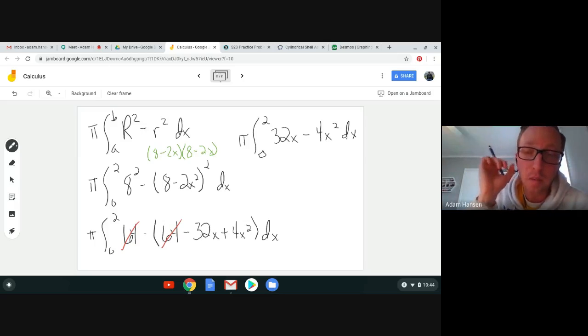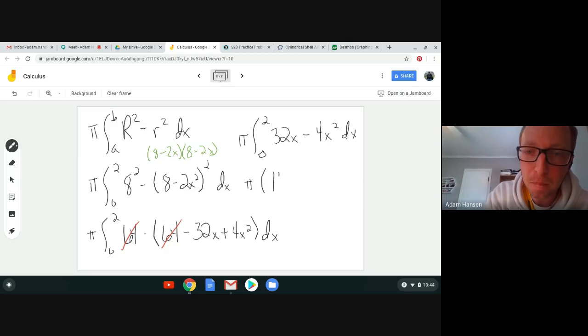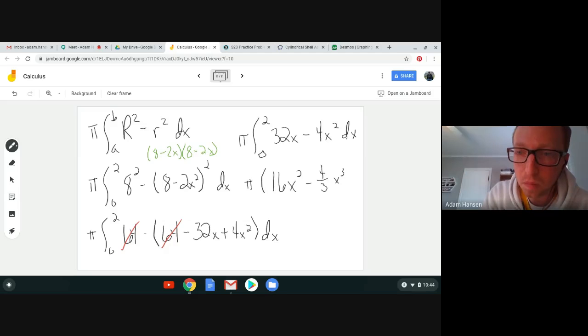Let's see, antiderivative of 32x should be 16x squared, minus 4/3 x cubed, to evaluate between 0 and 2.